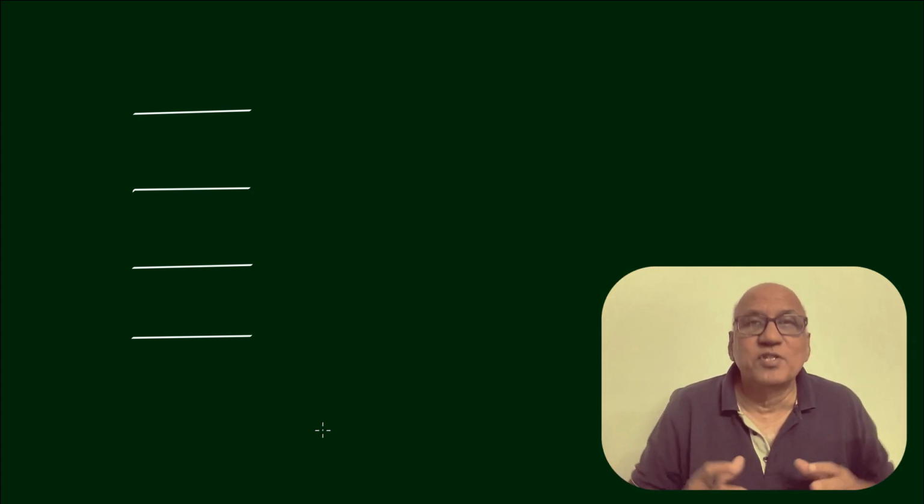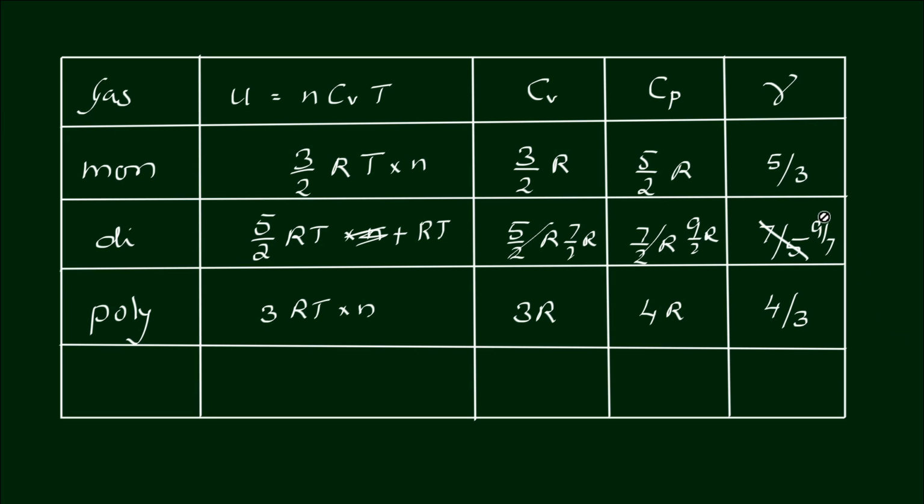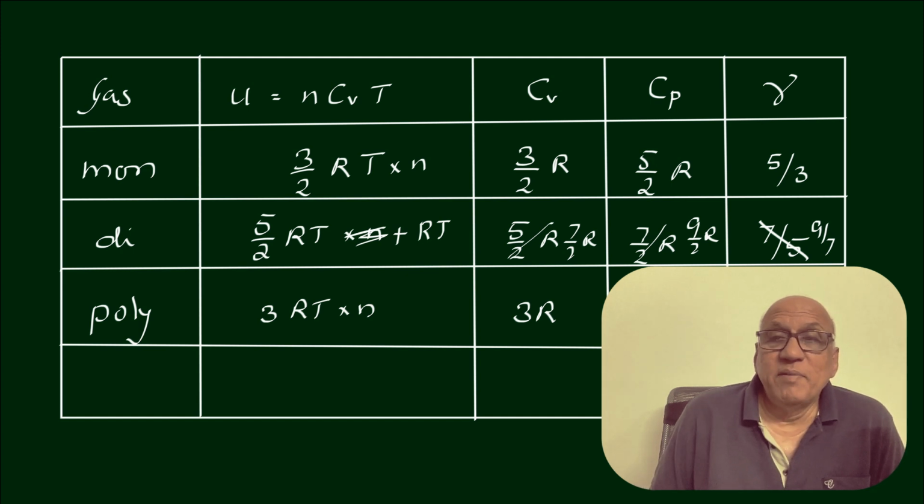They stay in the ground state. If you raise the temperature of the gas to more than around 1500 Kelvin, then the collisions are strong enough to excite vibration, and the prediction of the kinetic theory of gases, Cv equal to 7/2 R, Cp equal to 9/2 R, etc. for diatomic molecules, turns out to agree with experiment. But at ordinary temperatures, vibration is completely ignored.